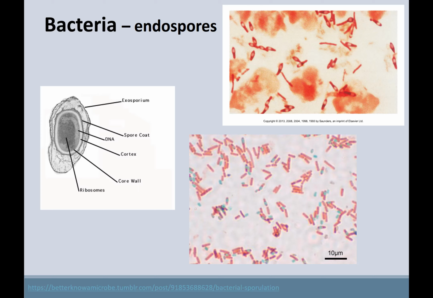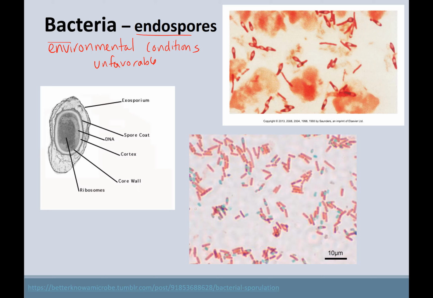Another feature that some bacteria can do or produce to make themselves more resistant for the environment is to produce endospores. So endospores are formed when the environmental conditions are unfavorable. So maybe there's low nutrient supplies.